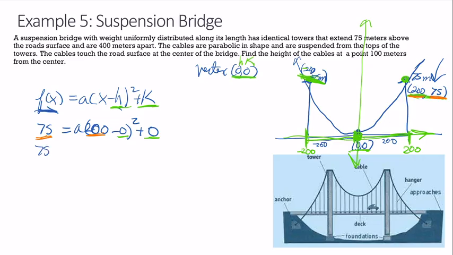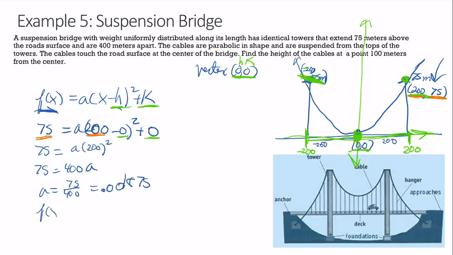So I have 75 is a times 200 squared. 75 is 40,000a. So a is 75 divided by 40,000, which is 0.001875.